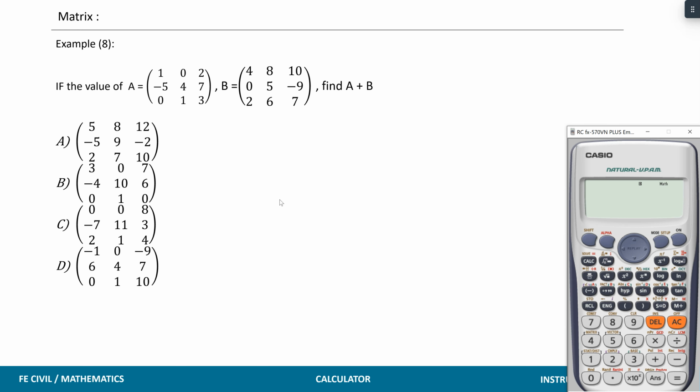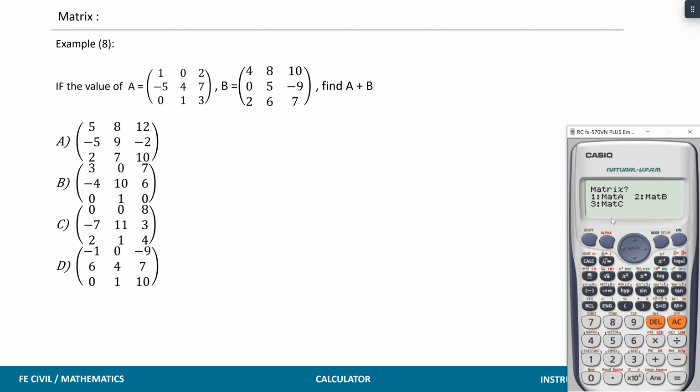This is the matrix equation. In order to solve the matrix equation, you have to put the matrix inside the calculator. We're going to start with the mod, and we're going to go to number 6, which is matrix, and we're going to go to matrix A. We're going to fill it in, and then we're going to move on to the matrix B, and then we're going to add them.